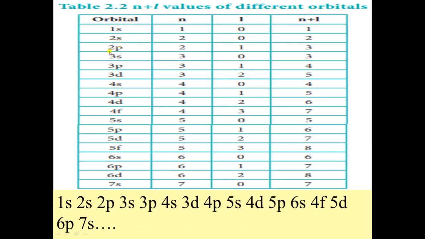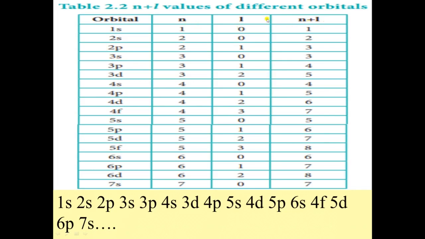In 2p, the value of n is 2 and the value of l is 1, because this is the p subshell and for the p subshell, l is equal to 1. For 3s, the value of n is 3, and for s, the value of l is 0. So in this way, you can write the value of n and l.